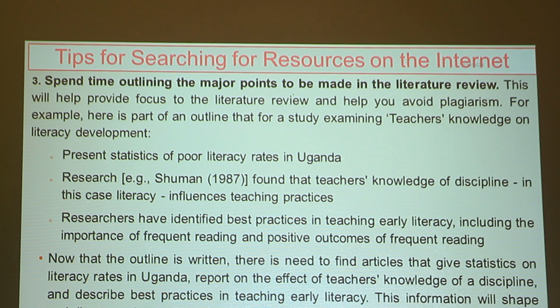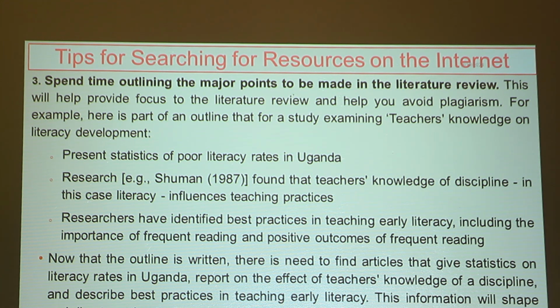Then we'll start searching. And then found that teachers' knowledge and discipline, in this case literacy, influences teaching practices, and so on and so forth. So now in the outline, there is a need to find articles that give statistics on the literacy rates in Uganda, report on the effect of teachers' knowledge of a discipline, and describe the best practice in teaching early literacy. This information will shape and direct authentic literature search.